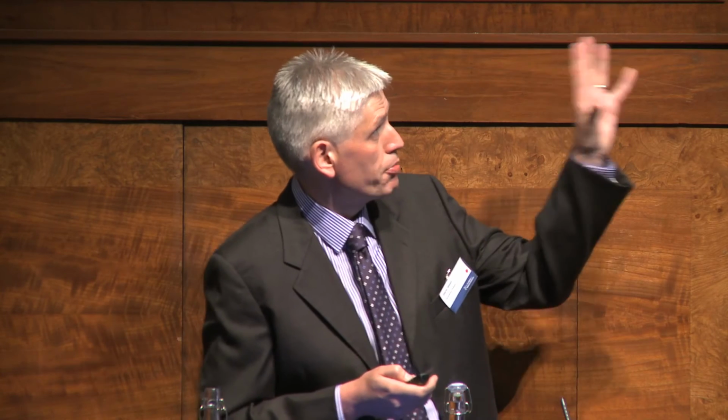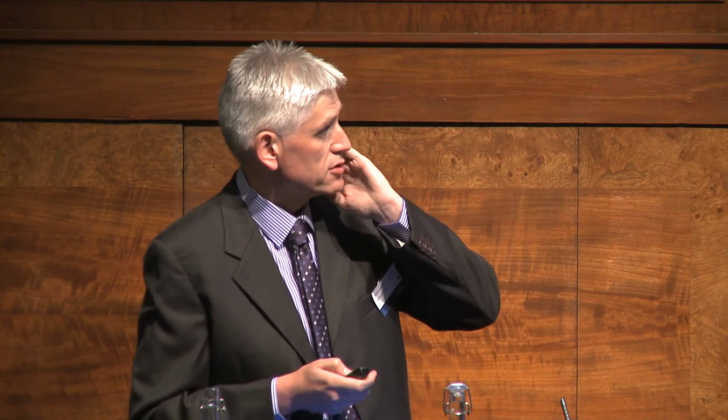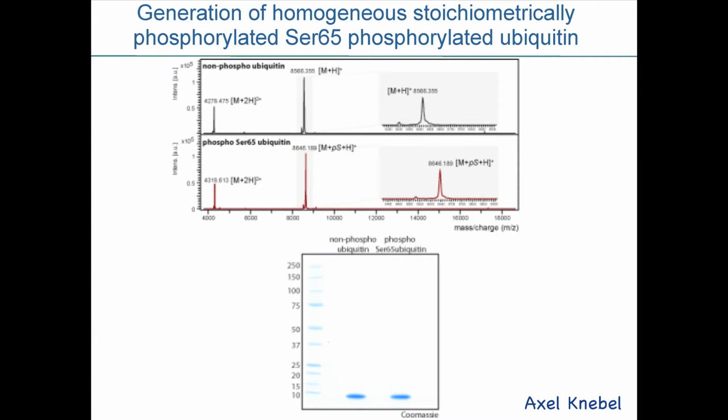We can now purify stoichiometrically phosphorylated ubiquitin and fully dephosphorylated ubiquitin. Then we take Parkin, with no PINK1 in these experiments, and we titrate in either unphosphorylated ubiquitin and you get no activation, or phosphorylated ubiquitin and you start getting activation.